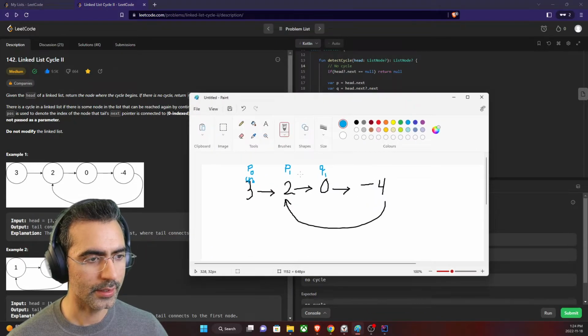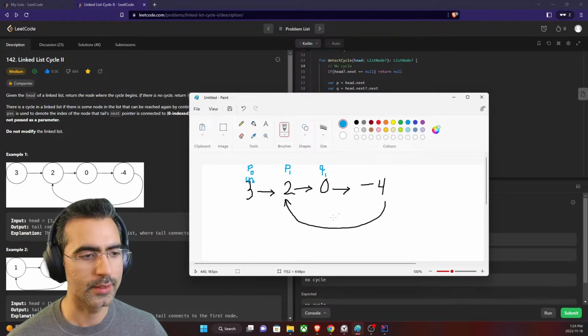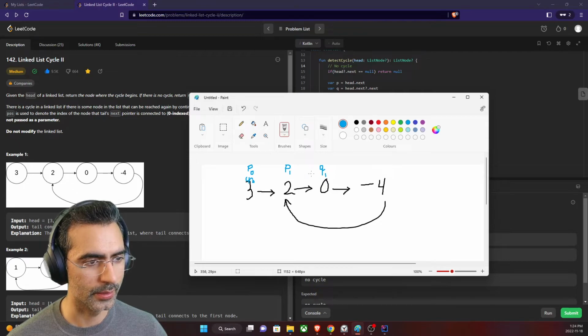But what's the logic here? Why did we come up with this solution? To show you how we reach that, we're going to keep traversing here. Next step P1 would be here, and Q1 would be, sorry, Q2 would be here.